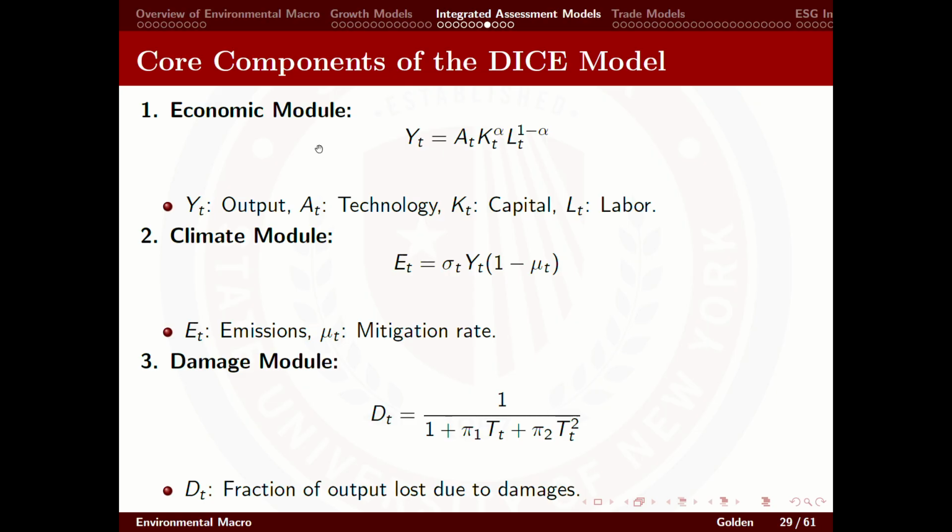So the economic module, you have output as a function of technology, capital, and labor. You have a climate module where you have emissions, you have a mitigation rate, and the more you produce, the more you emit, but also you have the ability to mitigate it, and that is endogenous.